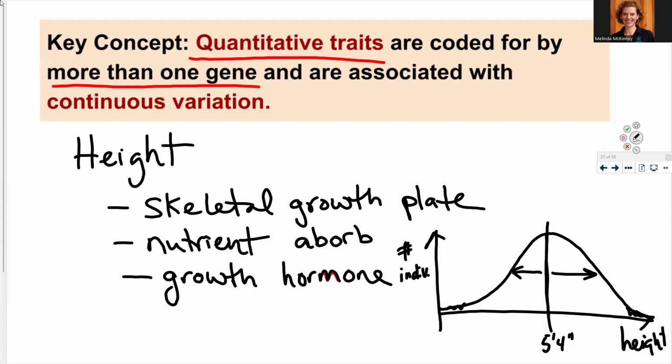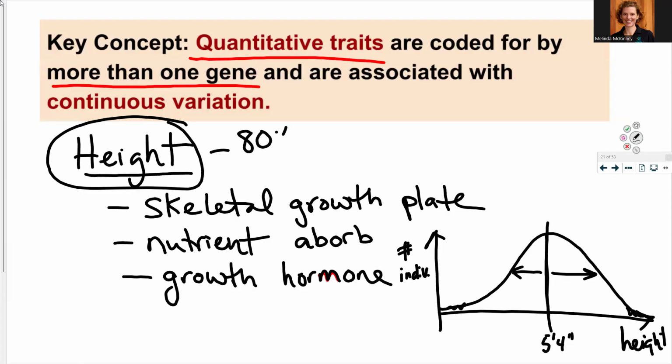This is the fact that height is determined by more than one gene. And not to get ahead of myself, but in fact, about 80% of height is going to be determined by genetics, and then about 20% is going to be environmental.